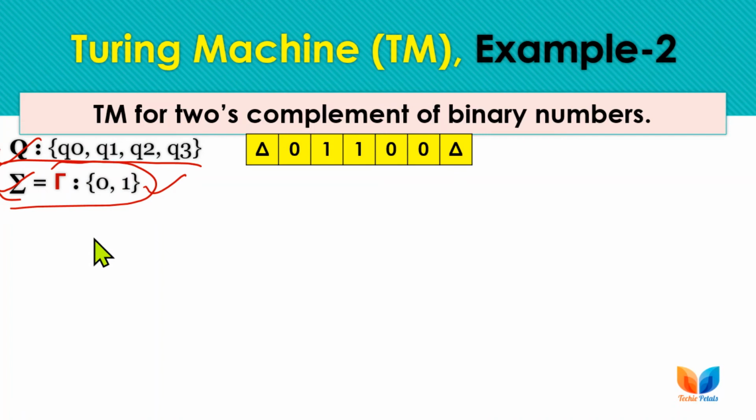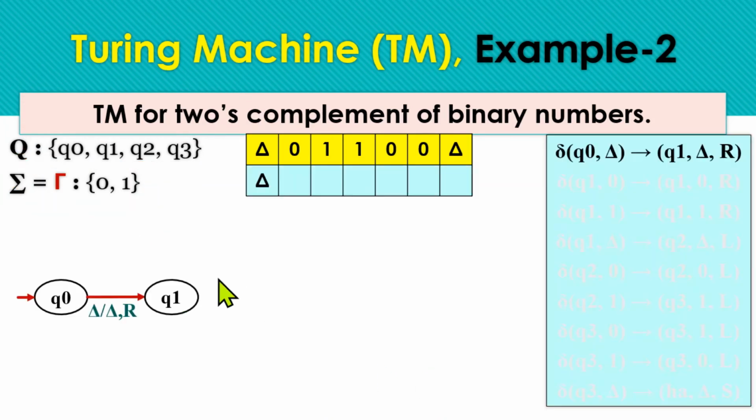Now, starting with the construction process, we start with a blank symbol on the tape. As the leftmost symbol is a blank, we need to move from initial state Q0 to Q1 by simply replacing this blank with blank and moving in the right direction.